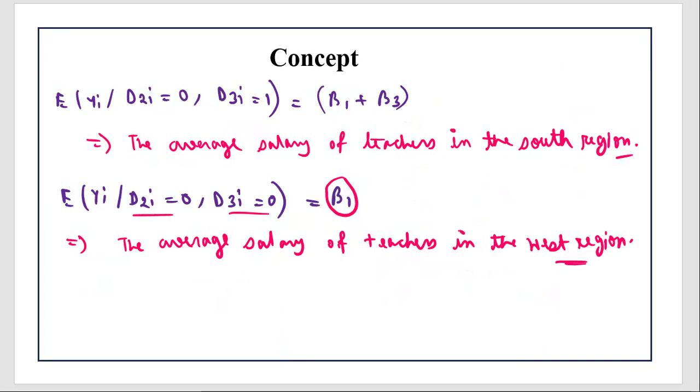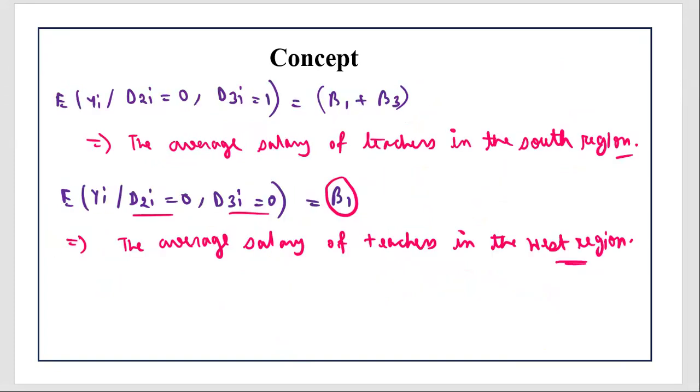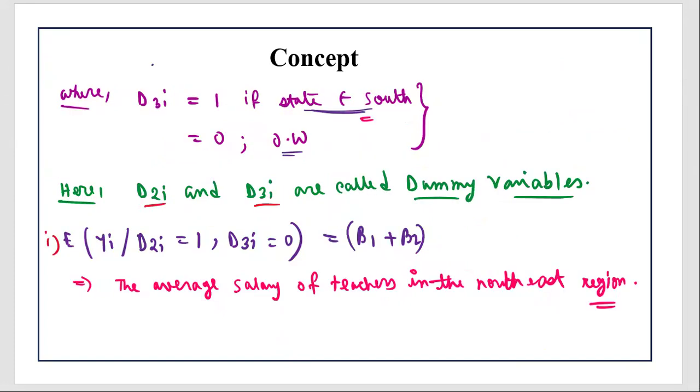Now if you know this, can you tell me how you will find the value of beta 2 from this model? From these three expressions that you have: this is the first, this is the second, this is the third. From these three expected salary values, can you find the value of beta 2 somehow?